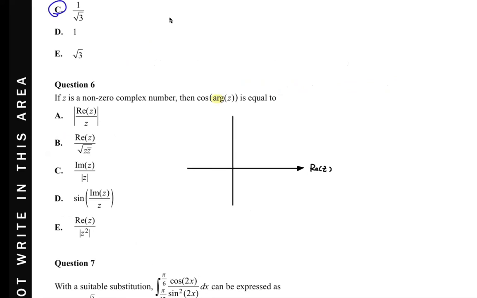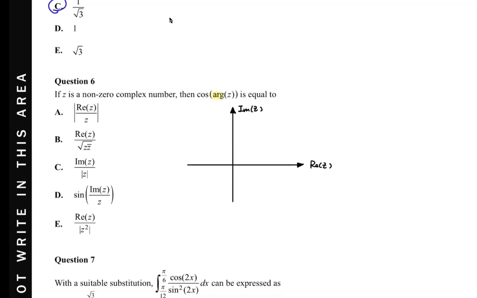The vertical axis is your imaginary axis. Let's say you have a random complex number here. This is your z equals x plus yi, right? So which part is your argument z? It's the theta here, okay?